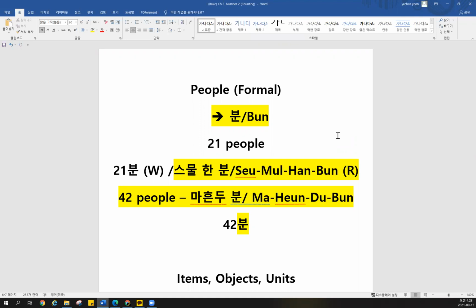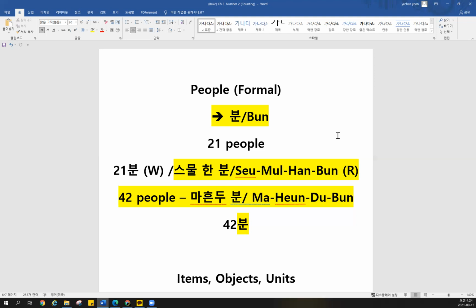Okay, so in South Korea, we have a lot of words that are the same, same pronunciation, but different meaning. This is one example.